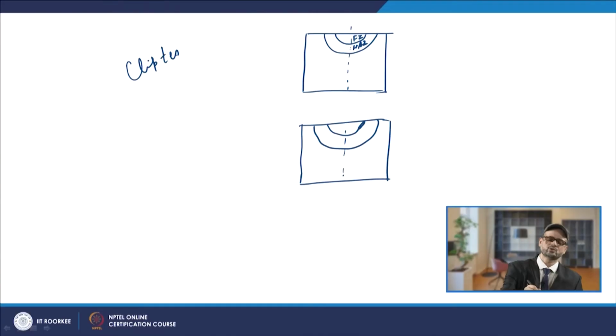For that there is a test, which is normally known as the clip test. In that test, we have a clip or a lug which is welded, and then you try to hammer it and break it.